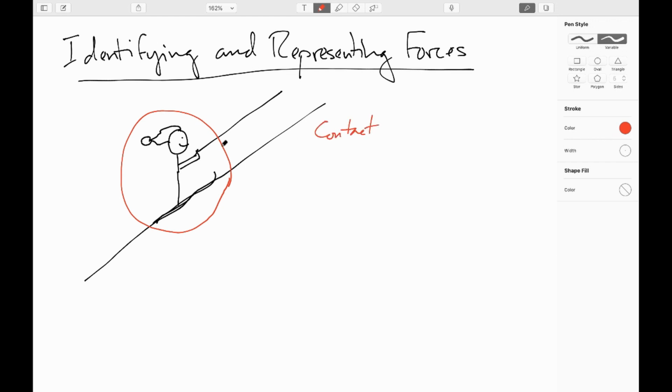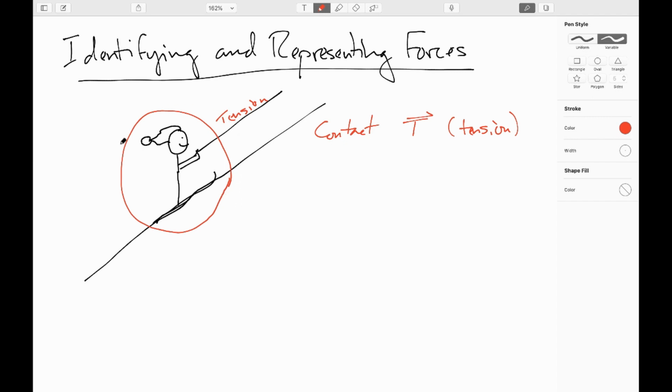We can start by looking over here, and we can see that the circle is cutting through the rope, and so we recognize that this has to be a tension force. So we'll call that usually T. And since forces are vectors, we'll draw a little arrowhead over it.